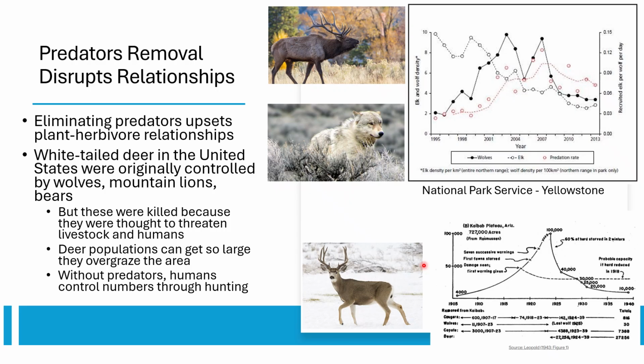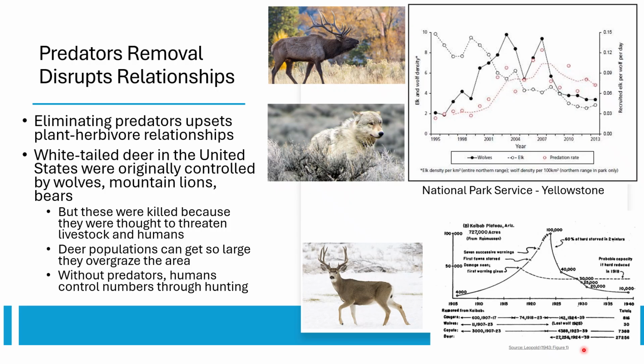Wolves, mountain lions, bears, all those top predators were removed in the early 1900s. Humans removed those predators with the idea of having an area where you could hunt deer and protect livestock. We killed them because we thought that we would get more big game to hunt, and also we thought that they were a threat to livestock and humans.